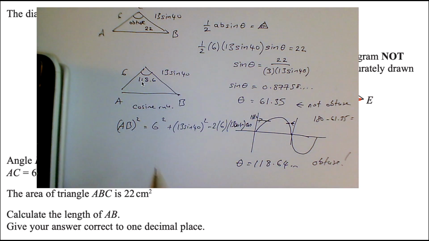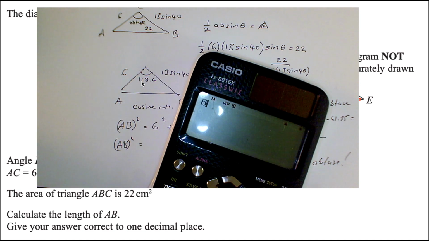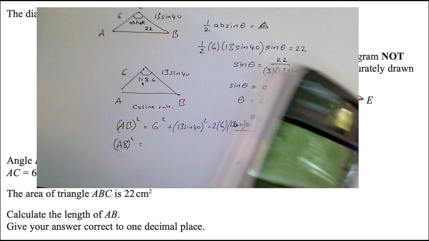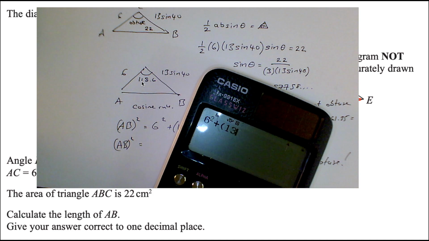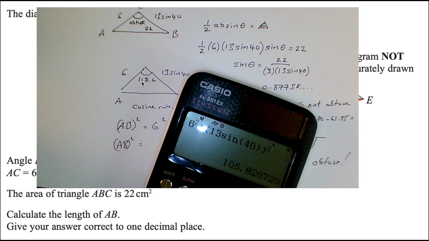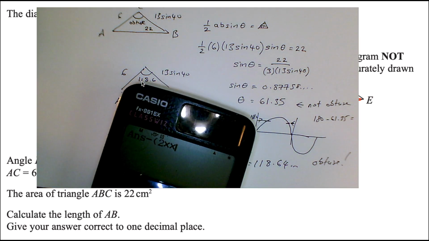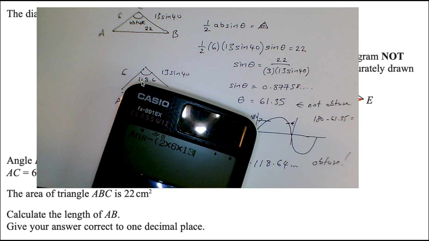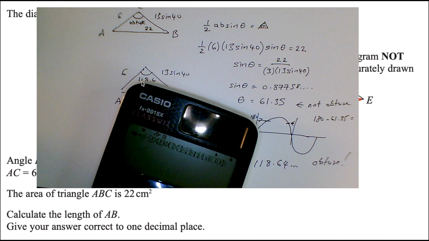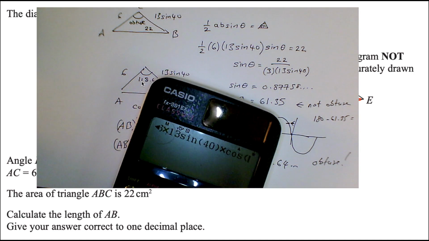So I need to go to my calculator, type in 6 squared plus brackets 13 sine 40, close brackets squared, take away 2 times 6 times 13 sine 40 times cosine of the angle, which is my A memory on my calculator.